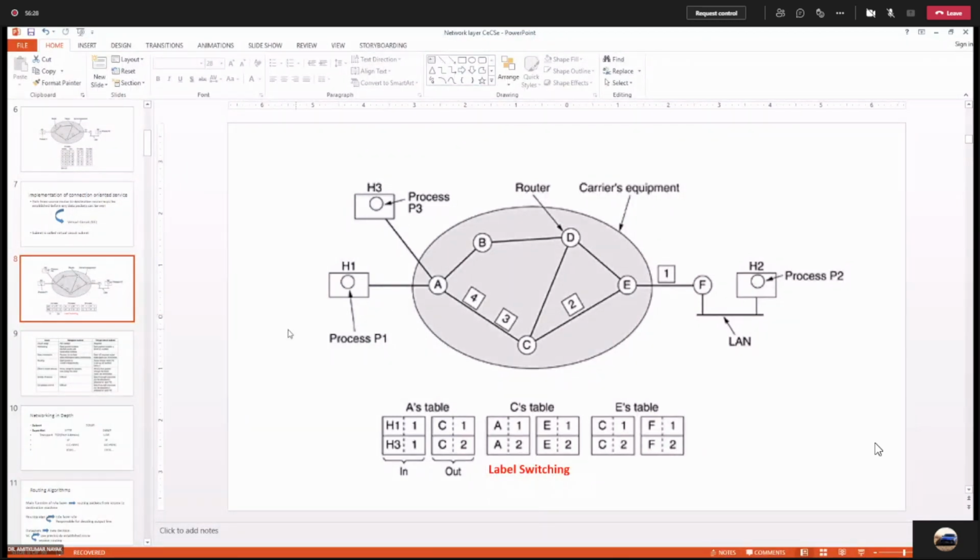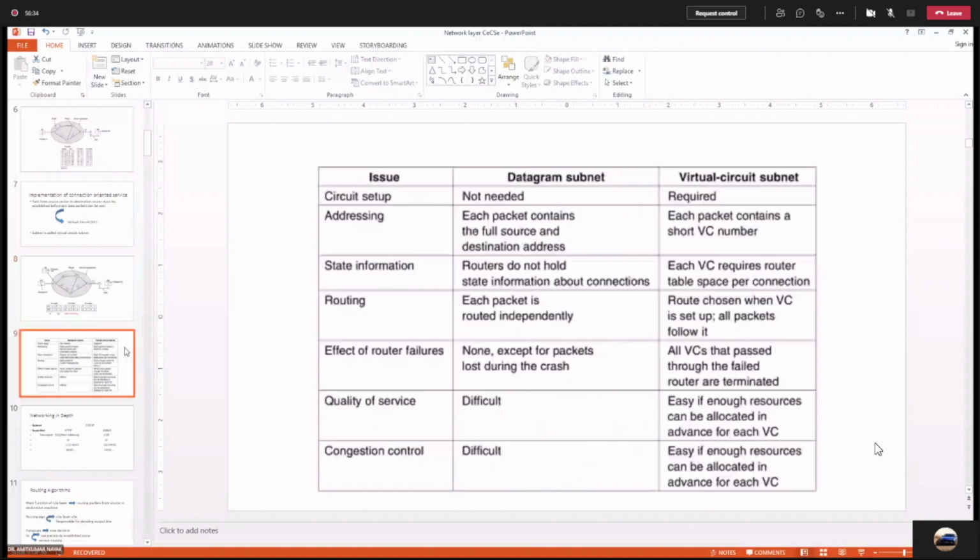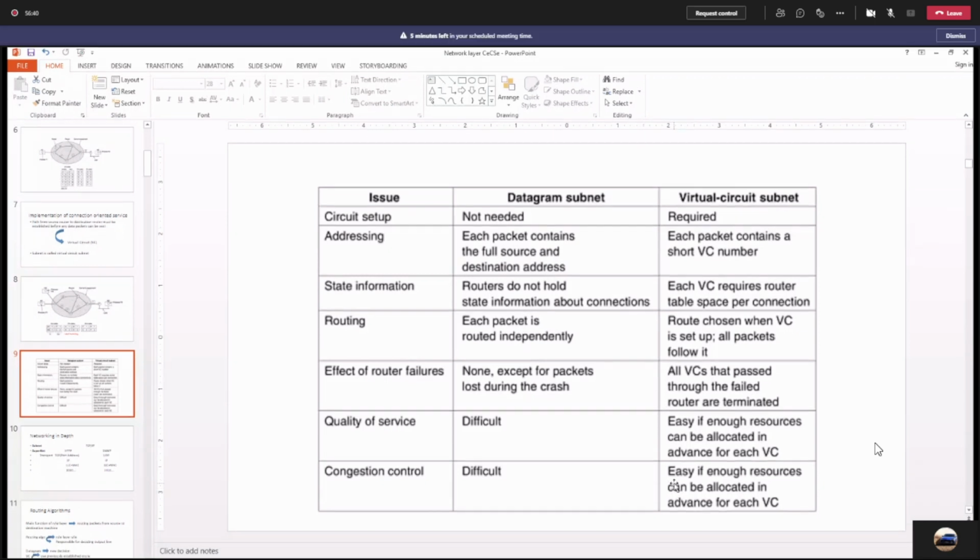But in connectionless communication, you don't have full control on the packets because packets are following independent paths, and that's why it is easy to implement congestion control in connection oriented communication.